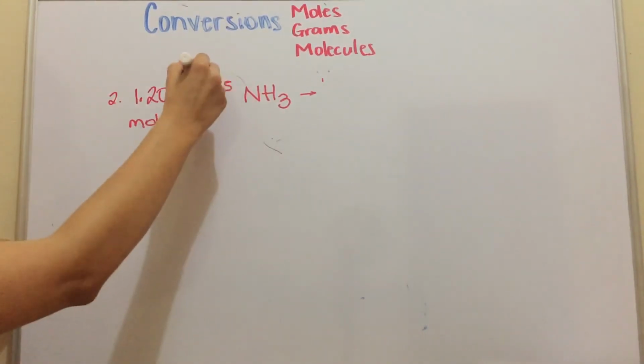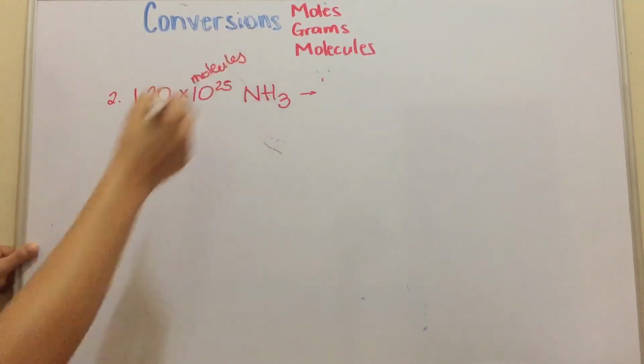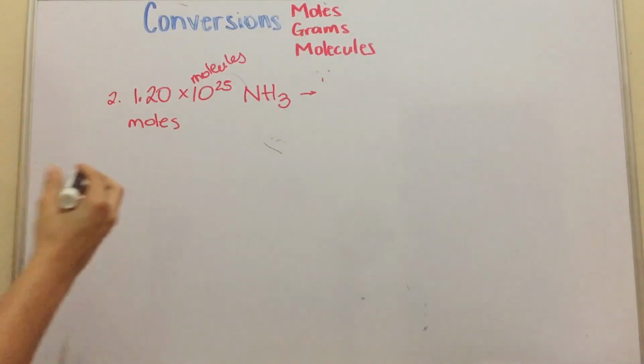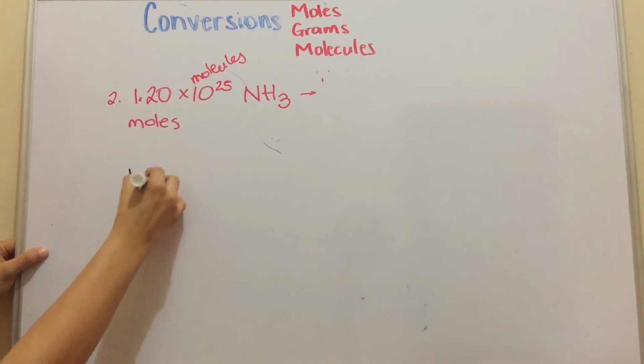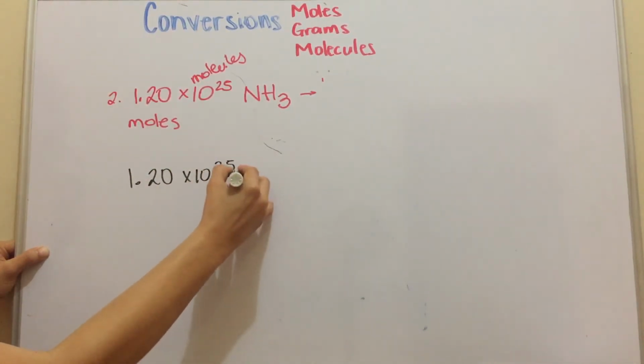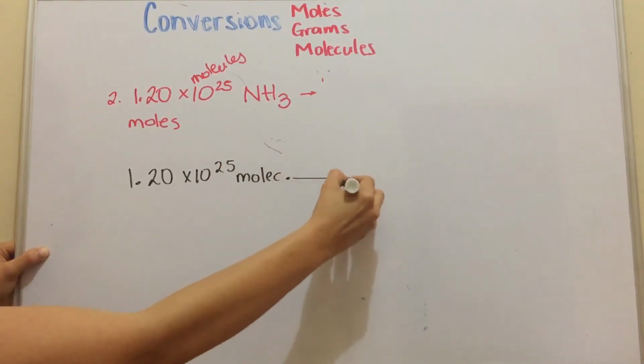I skipped the word here, it's molecules. We have 1.20 times 10 to the 25th molecules of ammonia, and we're trying to convert that to moles. So we're going to apply Avogadro's constant because we're using molecules. So I have 1.20 times 10 to the 25th molecules. I'm going to put molecules and molecules.